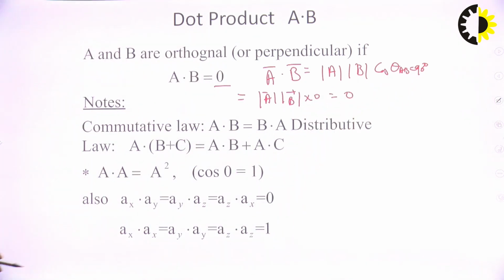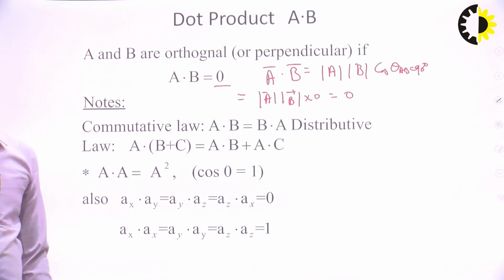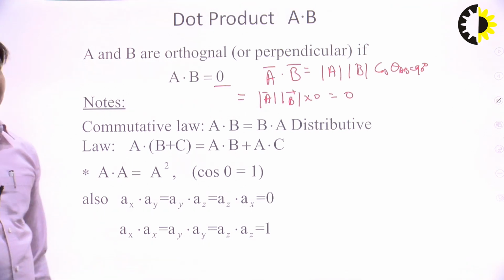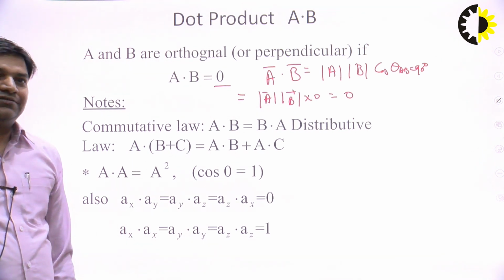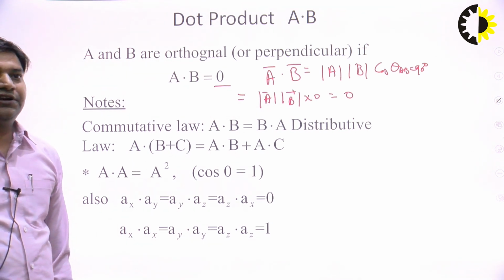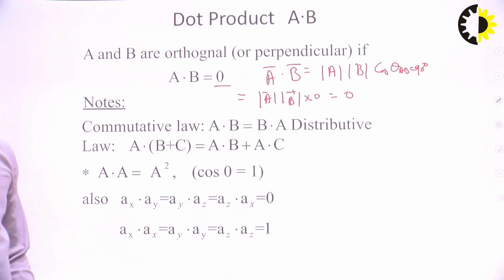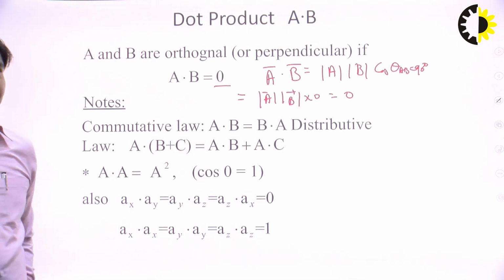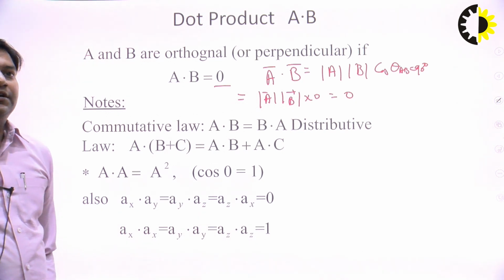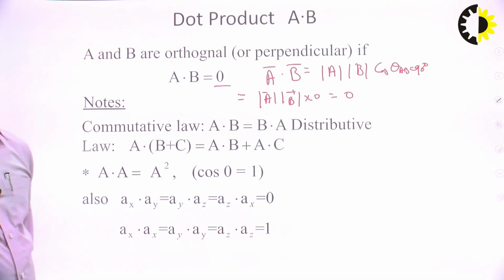That means if two vectors are orthogonal or perpendicular to each other, we can prove it by using the dot product. If the dot product of those two vectors is 0, then we conclude that vector a and vector b are perpendicular to each other.